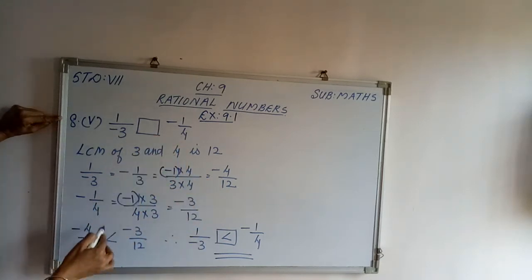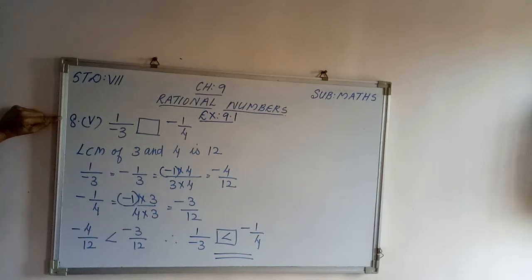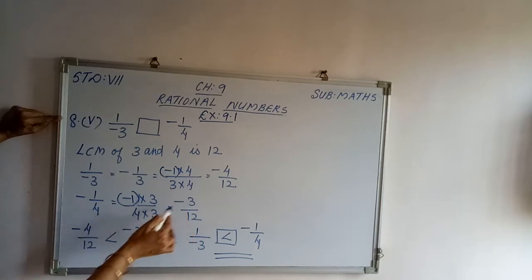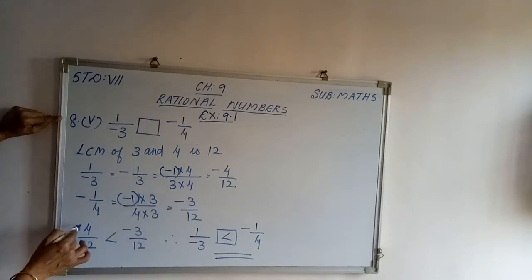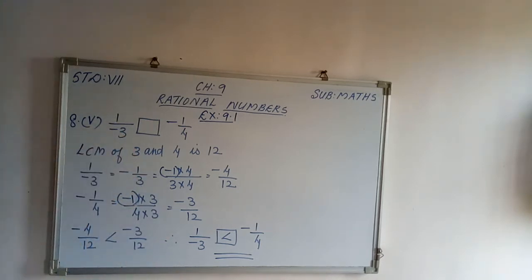Minus 1 upon 4: as LCM is 12, 4 multiplied by 3, same way, minus 1 also multiplied by 3, we get minus 3 upon 12. Here the denominators are the same. Compare the numerators. Minus 4 is less than minus 3. Therefore, minus 4 upon 12 is less than minus 3 upon 12. Therefore, 1 upon minus 3 is less than minus 1 upon 4.